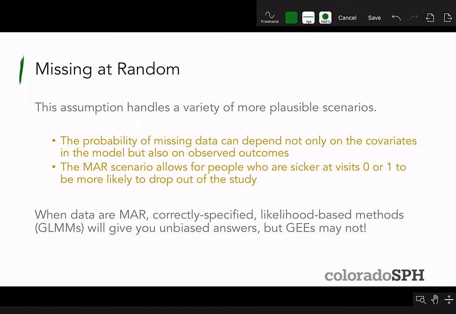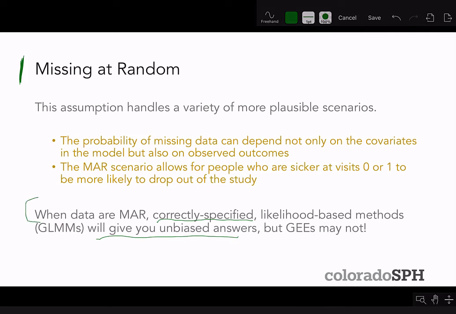So this allows for people, for example, who are sicker at visits 0 or 1 to be more likely to drop out of the study, or for men to be more likely to drop out than women, or for there to be fewer answers on a survey questionnaire to delicate personal questions compared to standard questions. And when data are missing at random, and you correctly specify your model, meaning you have the right mean structure, basically the right covariates and interaction terms, then your likelihood-based methods will give you unbiased answers.